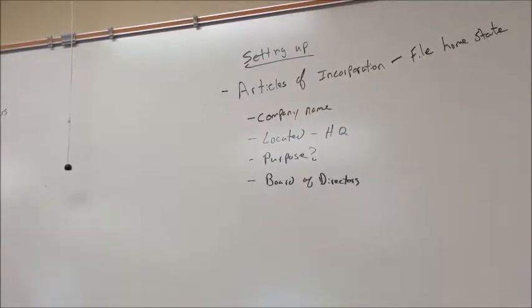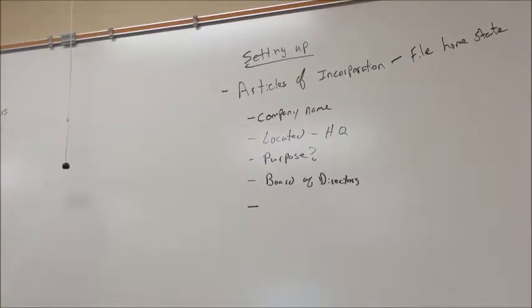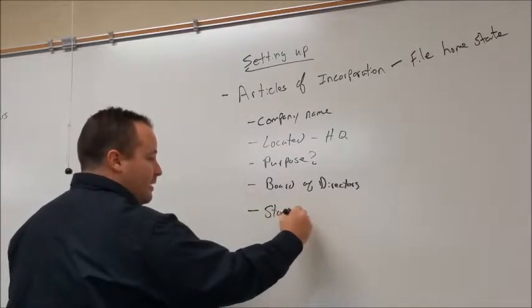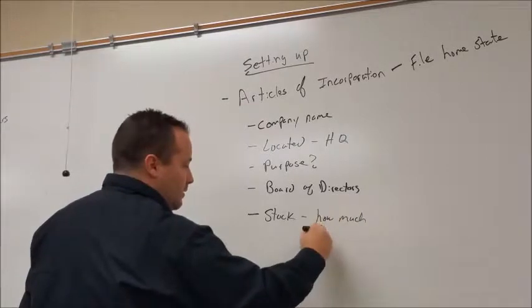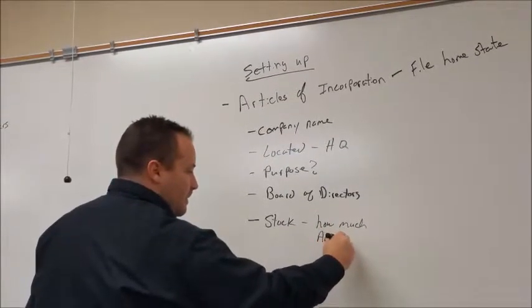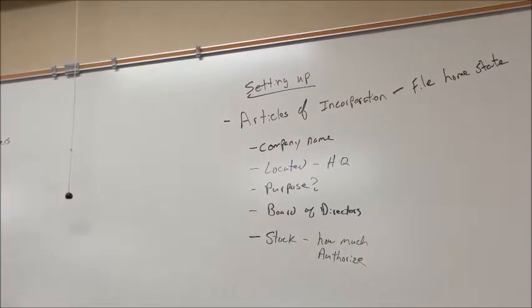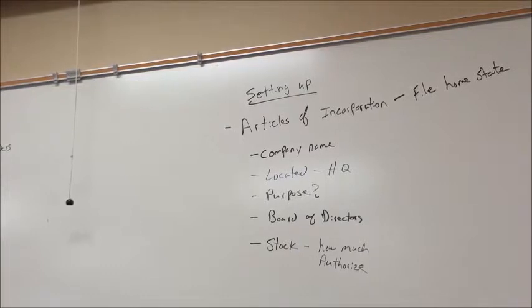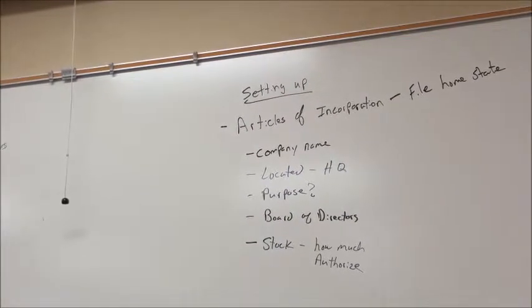And then one of the other things you're going to list, this isn't an all-inclusive list, is what kind of stock you're going to have and how much. How much are you going to authorize? And there's a reason why. You don't want to tell everybody I have 100 shares and then Rebecca wants to be a half owner, so she buys 50 of mine.